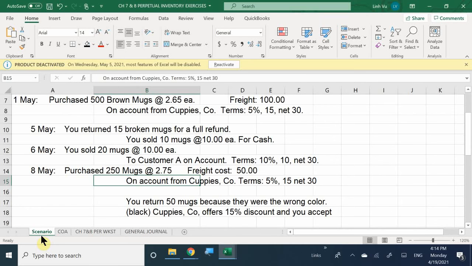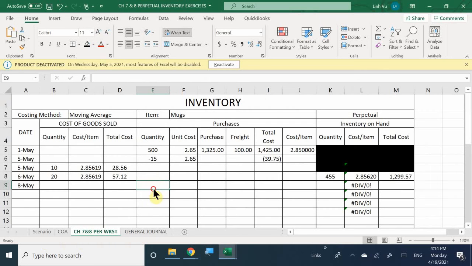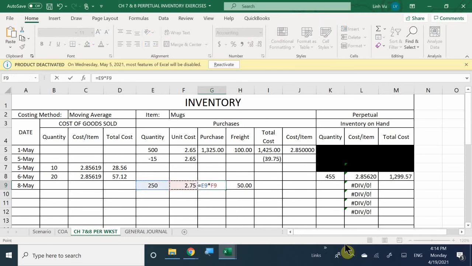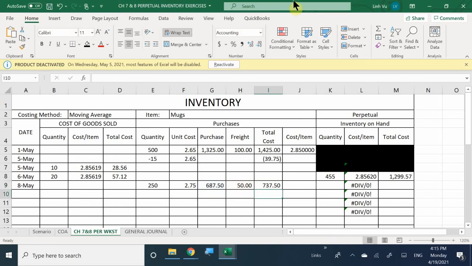So once again, 250, 275, 50. So what is my total purchase price? $687.50 plus my 50 freight to give me a total cost of $737.50.